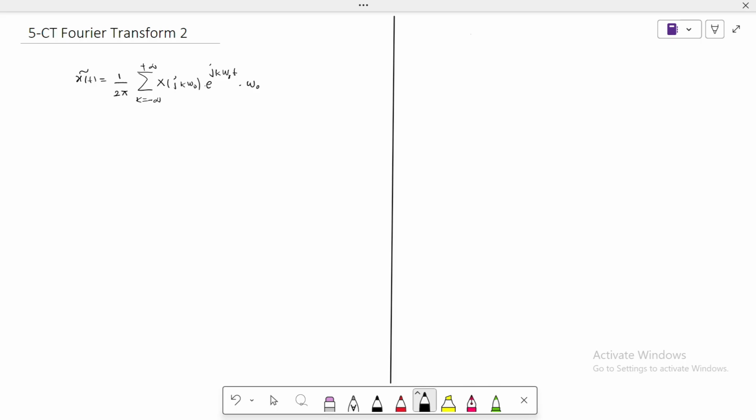Here I'm going to draw the waveform like this: omega versus x of j omega into e power j omega t.